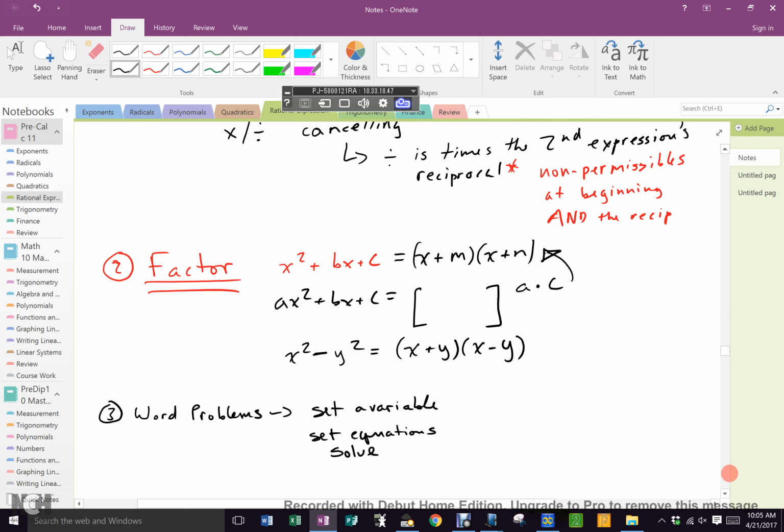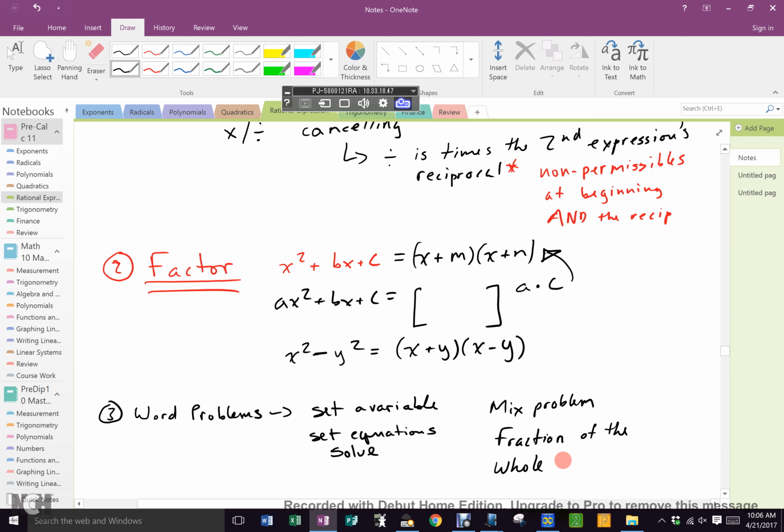Remember, on mixture problems, you usually make a fraction of the whole.